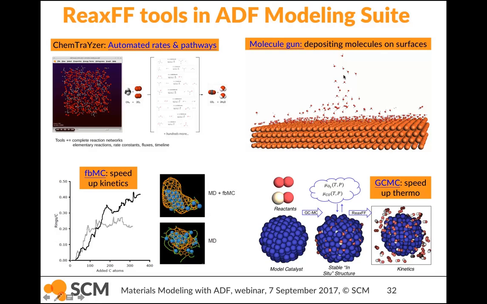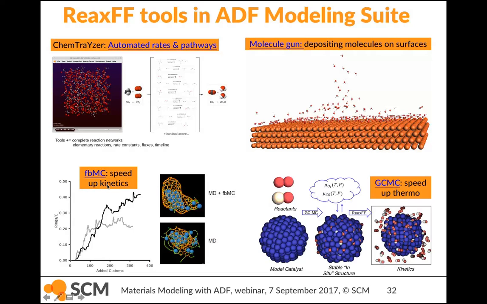At certain intervals, you add more molecules, and so you can study things like chemical vapor deposition, surface wetting, or even how your material is resilient towards high impact from molecules and atoms.